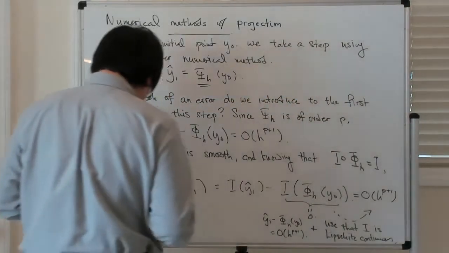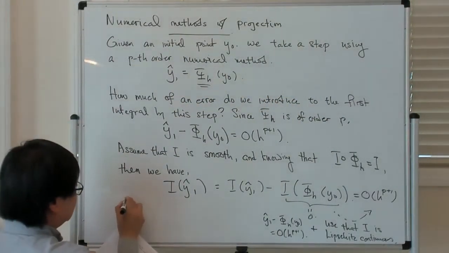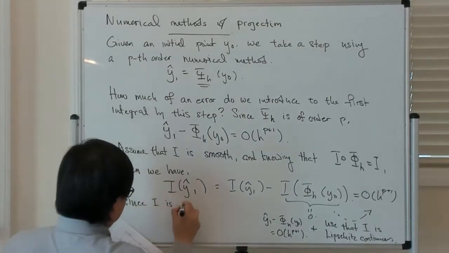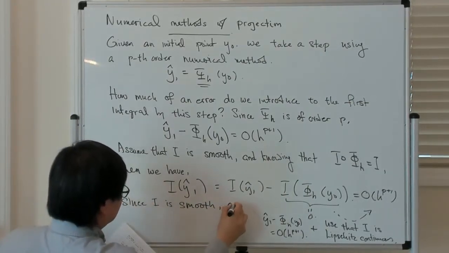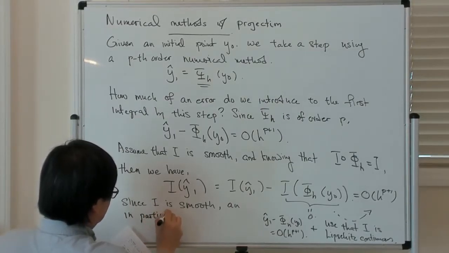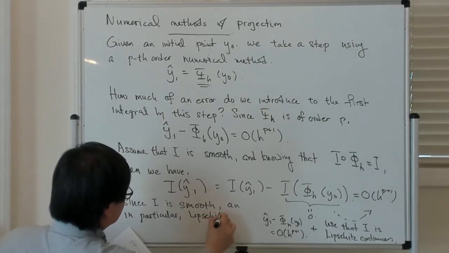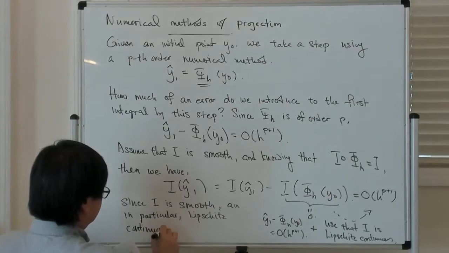Just so I see it more precisely, since I is smooth, and in particular Lipschitz continuous. Okay.